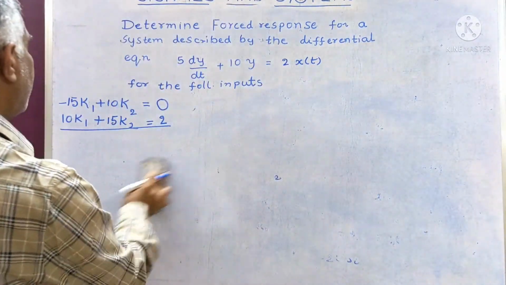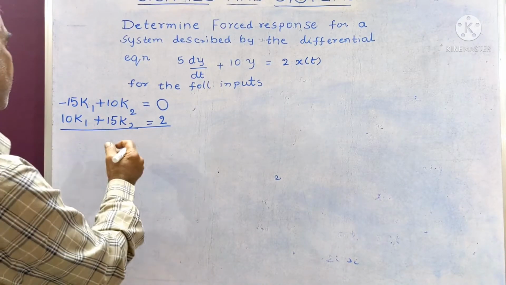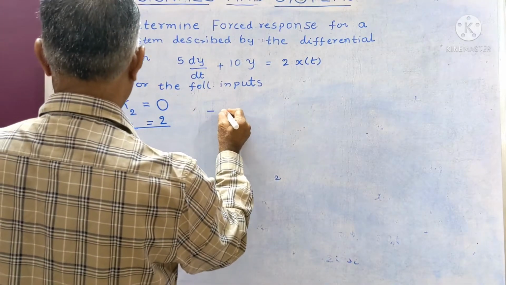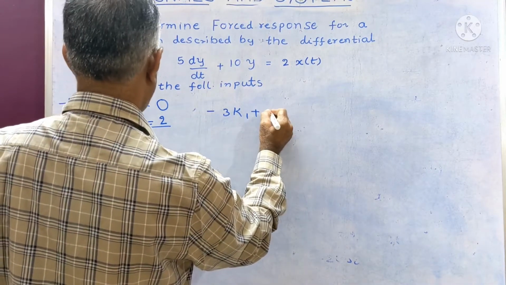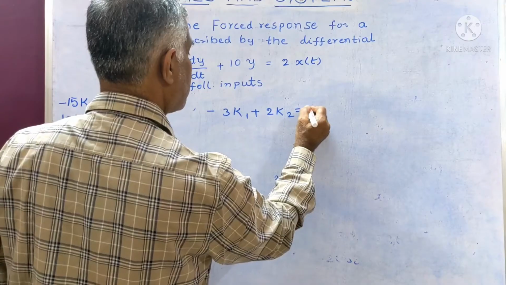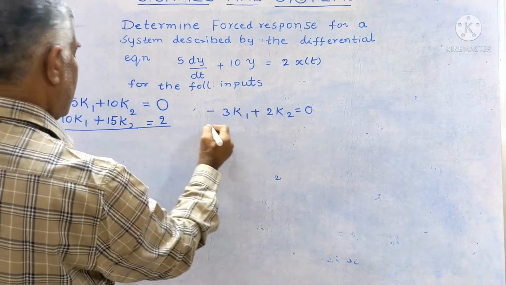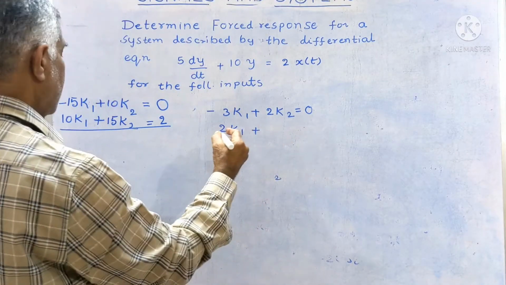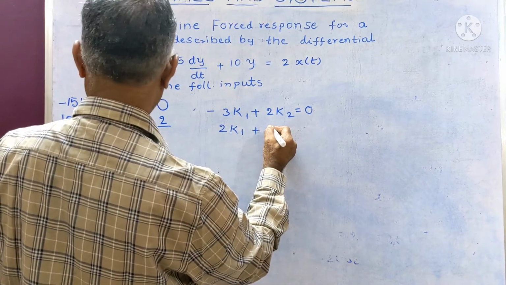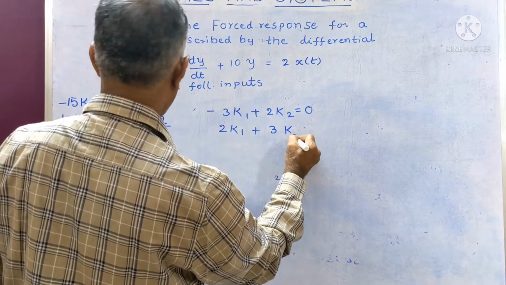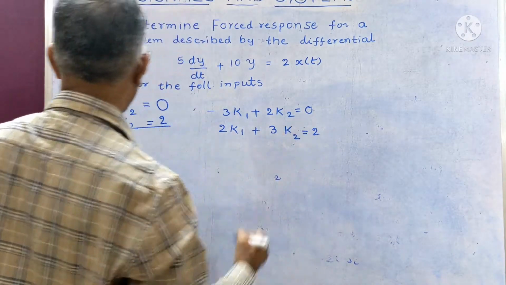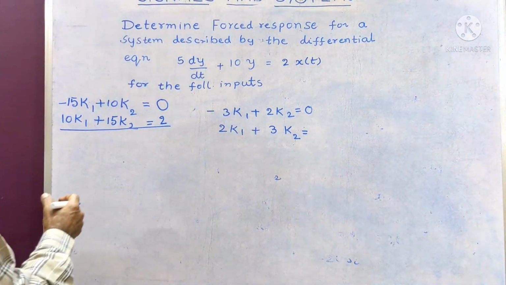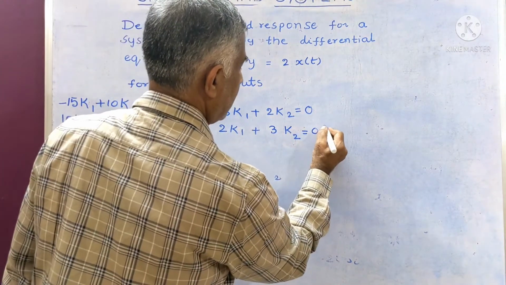Solving the simultaneous equations. Let us take out the factor 5 here. Minus 3k1 plus 2k2 equal to 0. Then 2k1 plus 3k2 equal to 0.4.